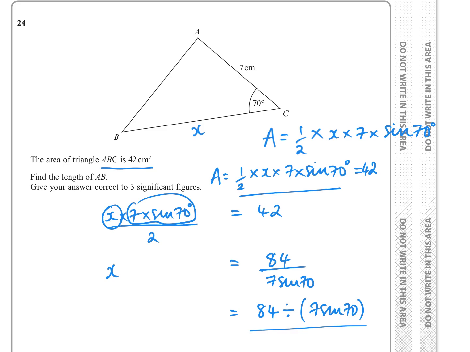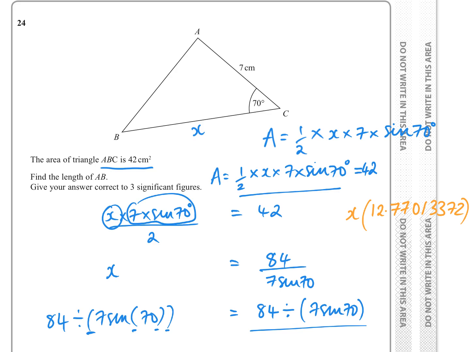So you'll end up with something that looks like this on my calculator. 7 sine, it opens that for you, so you must close it and then close this one here. So brackets to the left always are the same as brackets to the right. Okay, and then you know you've got your answer. Press equals, and my answer here for my value of x is 12.77013327, and I'd always write down my full calculator display there.